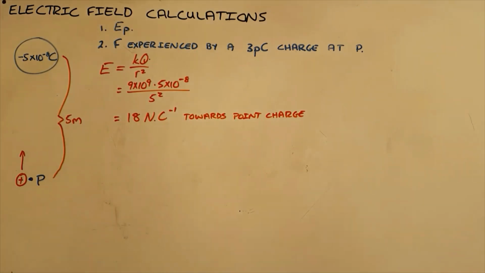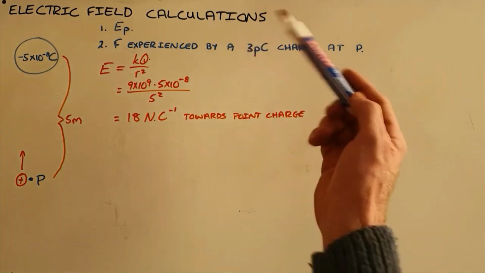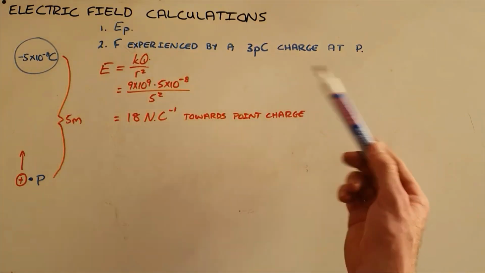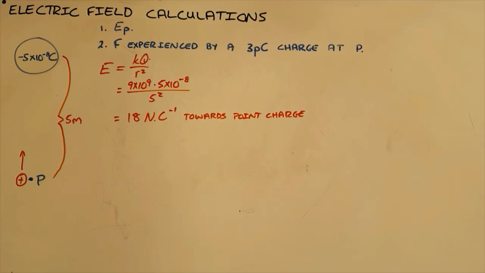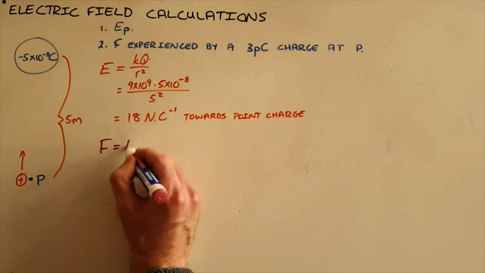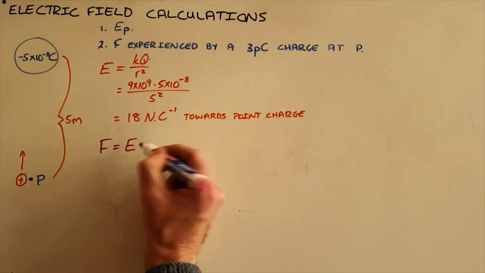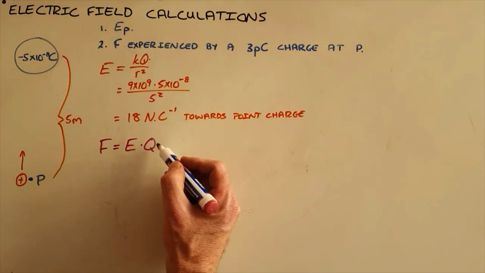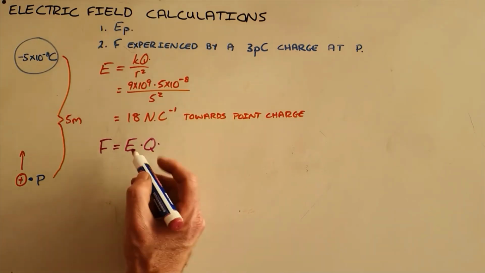This question would normally follow on to say, calculate the force F experienced by a 3 picocoulomb charge if placed at point P. Since we have a formula that relates the electric field strength to the charge experiencing the force, note that this is the charge that is experiencing the force.